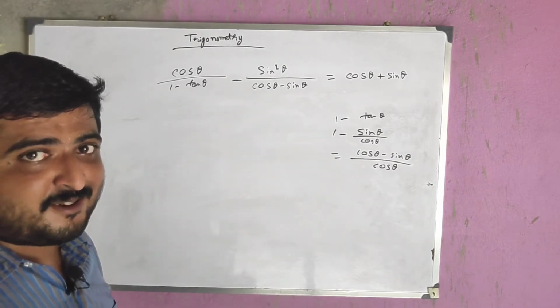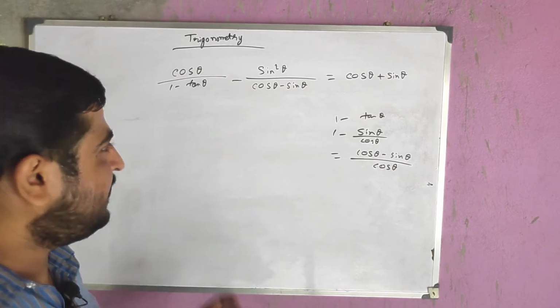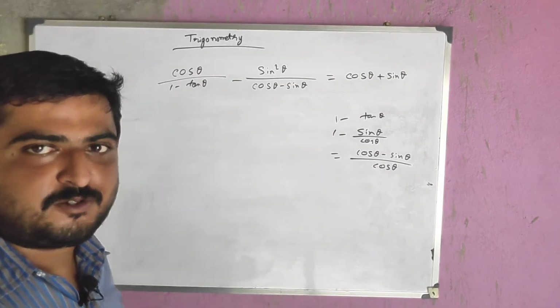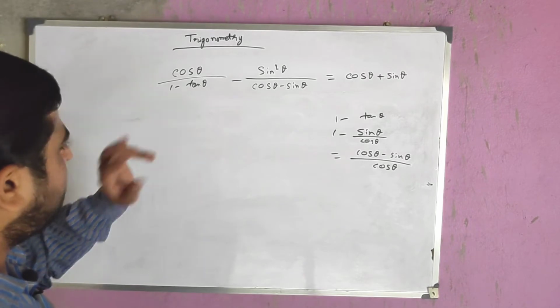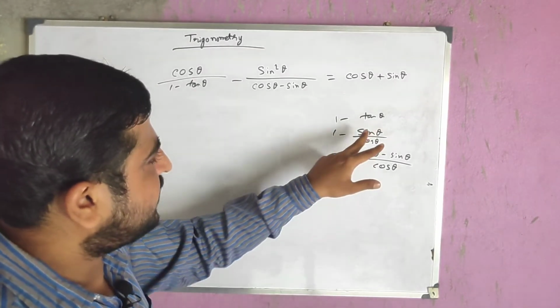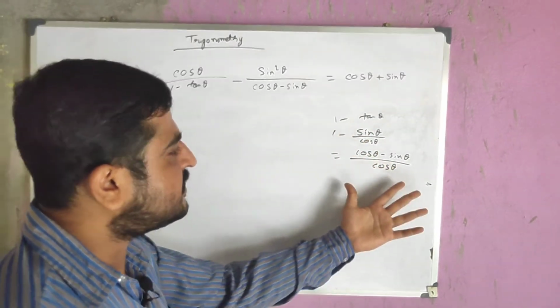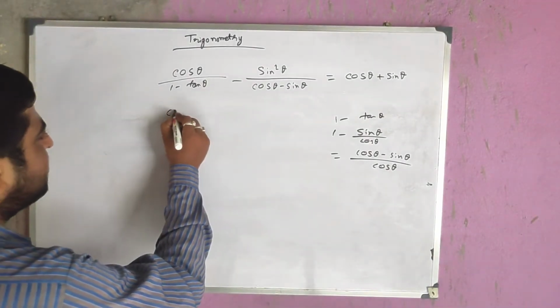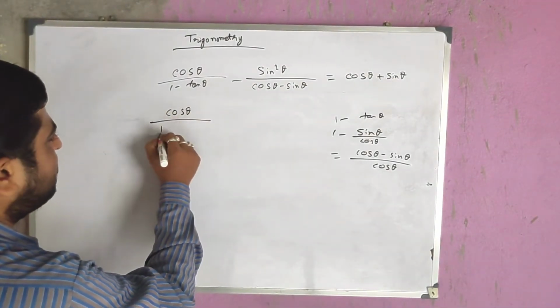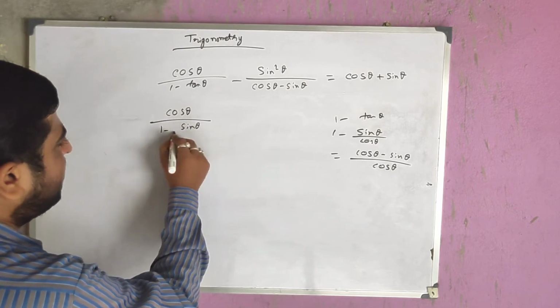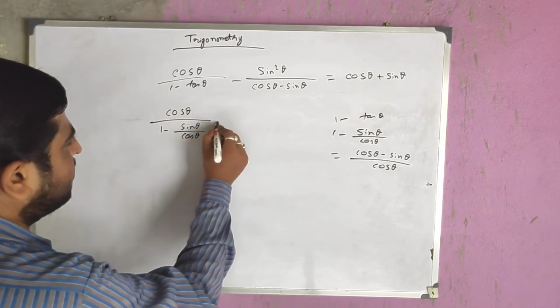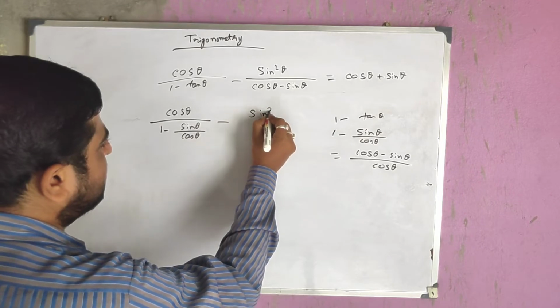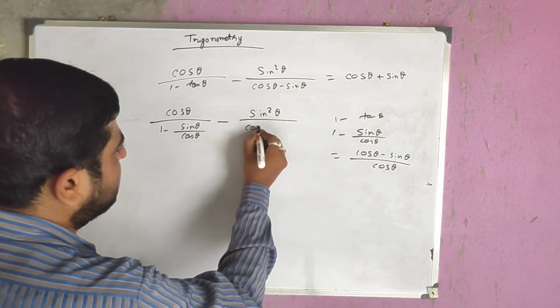How much you can observe well, that much you can do trigonometry well. So if we break tan theta this way, it will come cos theta minus sin theta. Here is also cos theta minus sin theta. So we can write cos theta by (1 minus sin theta by cos theta) minus sin square theta by (cos theta minus sin theta).